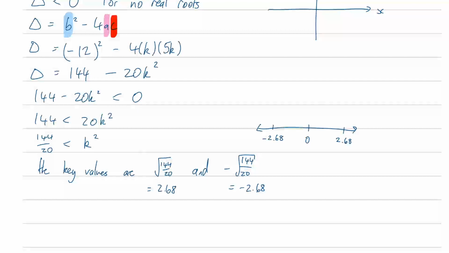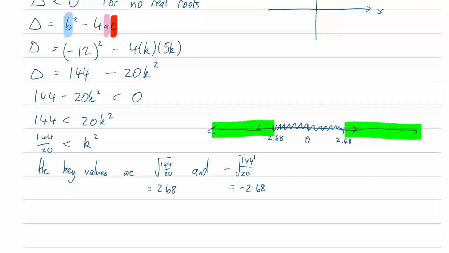If we substitute in 0 for k, we would have 144 divided by 20 is less than 0 squared. Now, is that true? No, a positive number is not less than 0. And that tells us that k cannot be between these two values, and in fact must be everything outside of those two values. So instead of between negative 2.68 and positive 2.68, it is outside of.